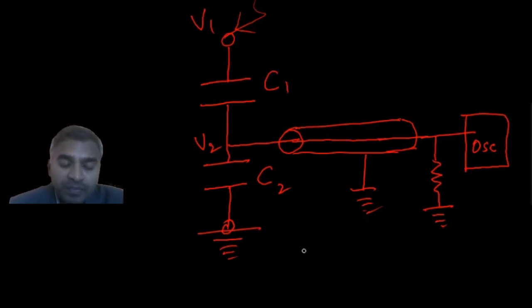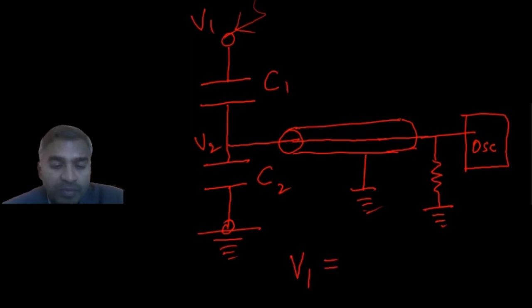V1 into C1 divided by C1 plus C2. V1 equals V2 into... The V1 or V2? We have to measure V1, right? V2 is the quantity that is available for us through oscilloscope, say.